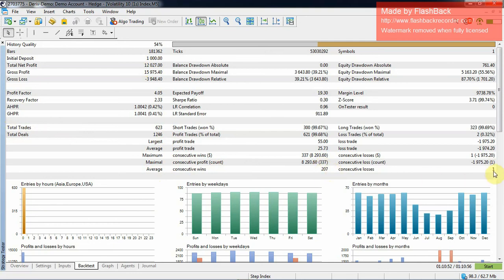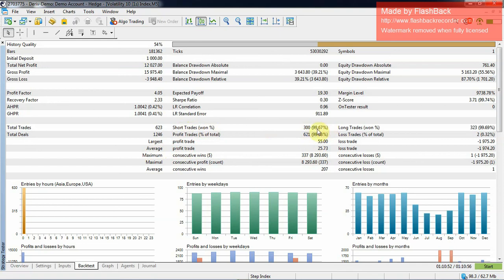Consecutive wins 207, consecutive losses 1. Largest profit trade 55. Average profit per trade 25. So most trades were closing at $25 because I told you that we keep it at 1% per trade. Short trades won 300, which is 99.6%.